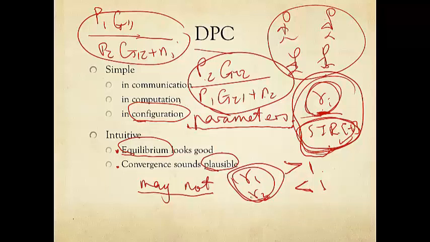But it turns out that we can show whenever the gammas are reasonable, that is, they are actually achievable, there is a vector of P's to achieve them for the given G's and N's, then we can prove that this DPC algorithm will converge to this desirable equilibrium. That's provably true.